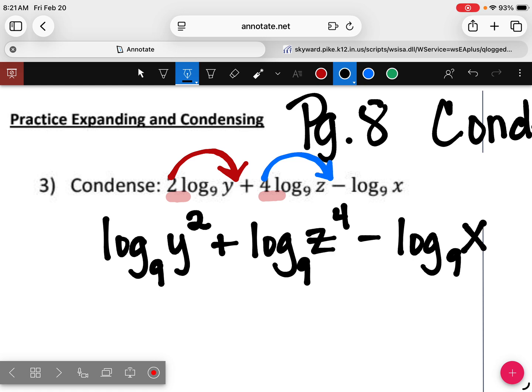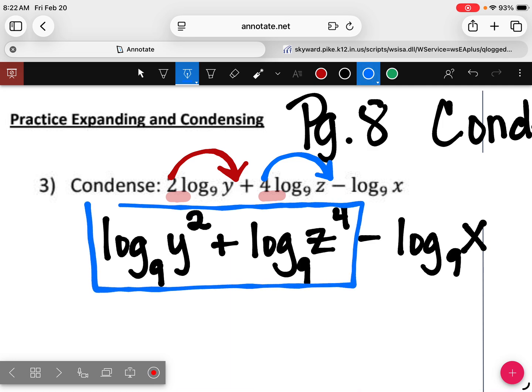All right, what's the second step to condense? After we move our exponents, what do we look for next? Addition. Do we have any addition? Do we have an addition sign? All right. So these two terms are being added together. And what that tells me is that I am multiplying y squared and z to the 4th.